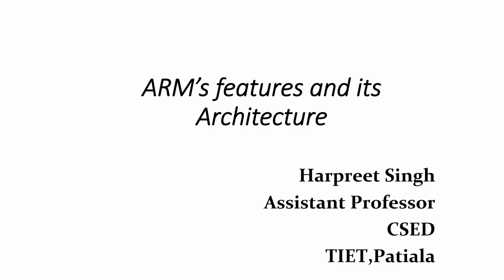Now let's discuss the different features of ARM processor. The first feature is that ARM processor is a 32-bit microprocessor. Being a 32-bit processor, it is 4 times as powerful as 8085. As we know, 8085 is an 8-bit microprocessor.